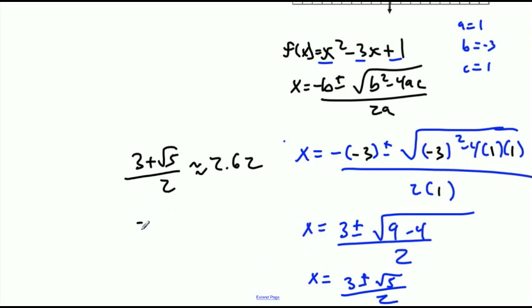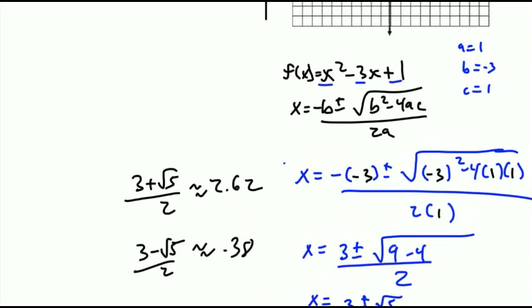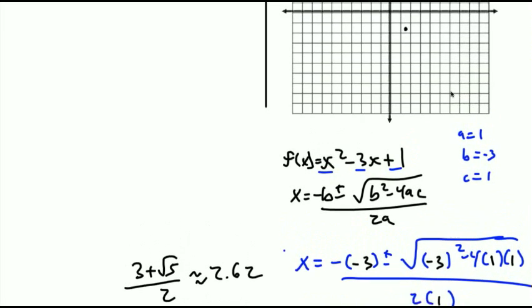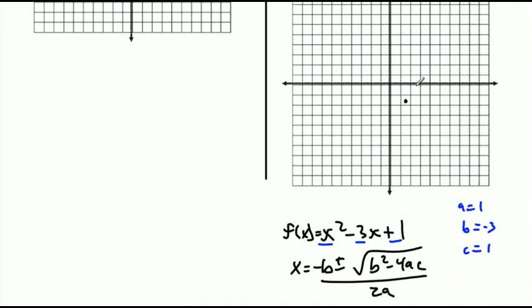Okay, and then if I do 3 minus radical 5 over 2, let's do that one and see what we get. So we get 0.38. So one is basically about 2.6 right there, and the other is about 0.4 right there.